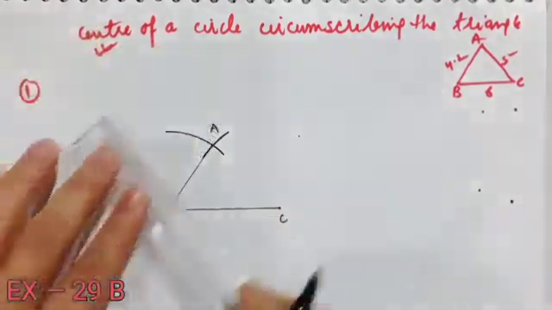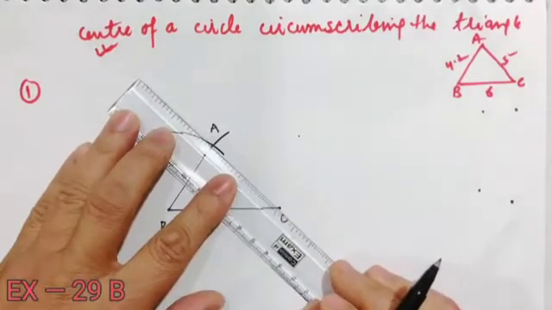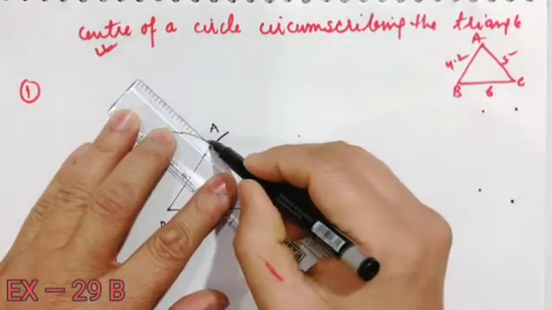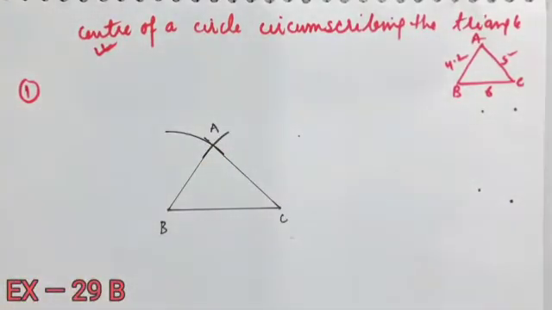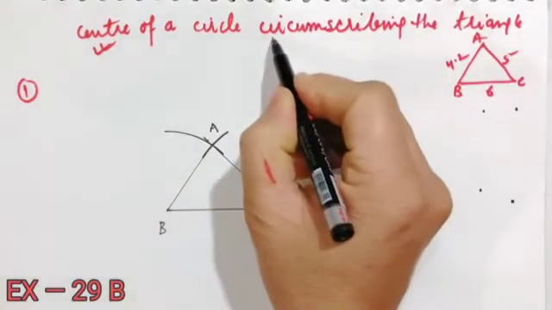See, triangle ABC. So जो पहला काम था 50% काम हमने कर दिया. That is, I have constructed a triangle. Now they are saying that you circumscribe it.